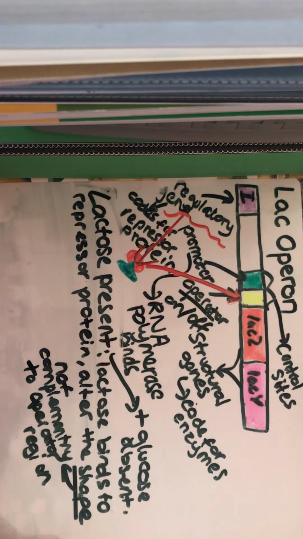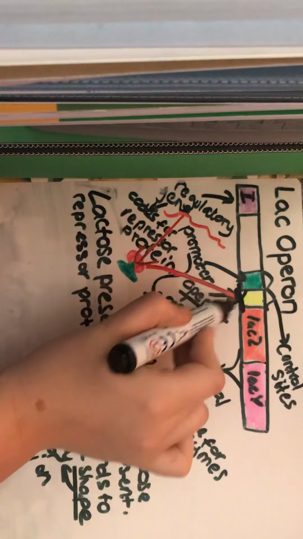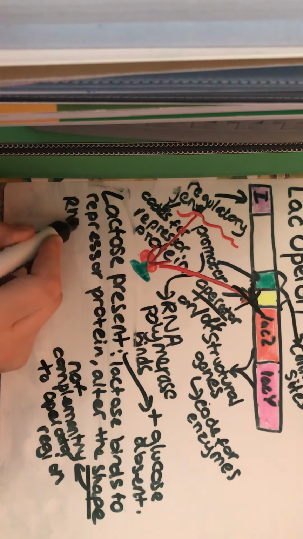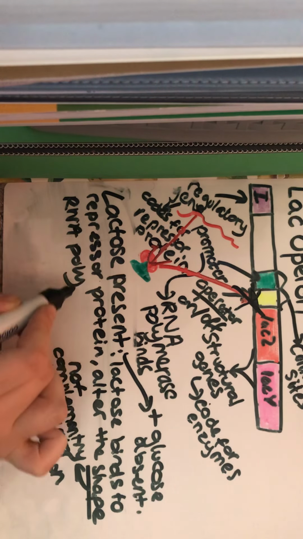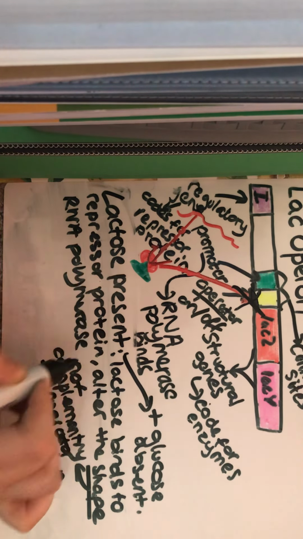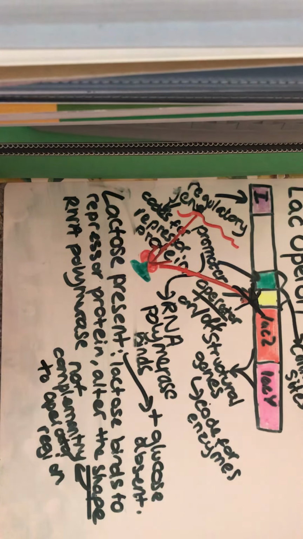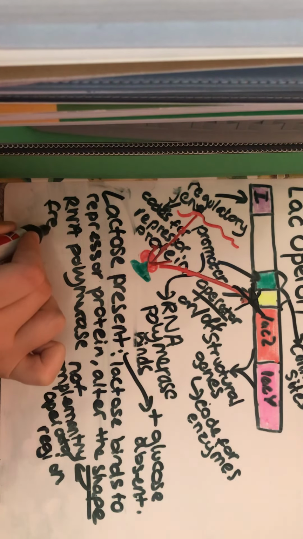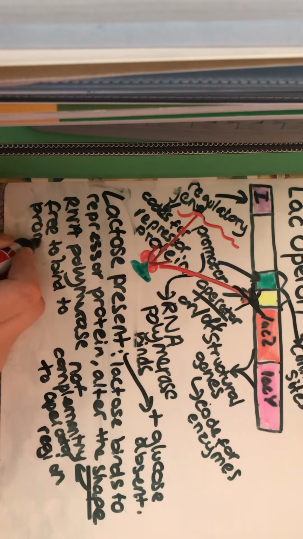So now the repressor protein cannot bind to the operator region. So RNA polymerase is free to bind to the promoter region. So then that will begin transcribing the structural genes to mRNA.